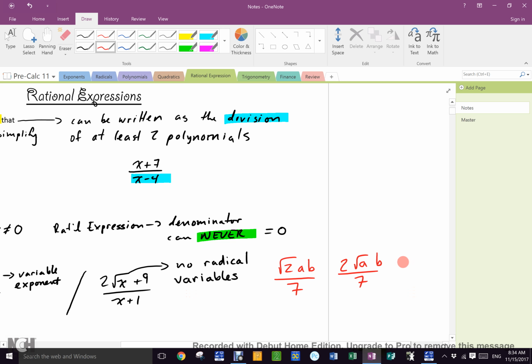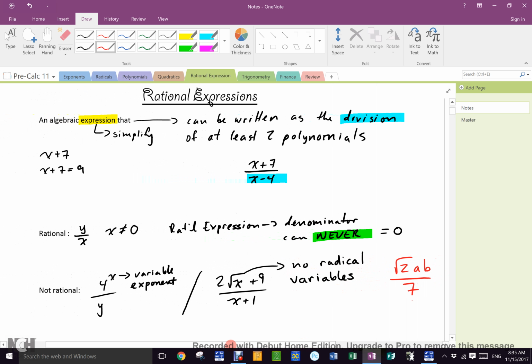Then I'm going to change it to this. Is that one rational? Why? Because 4 has a square root. Everybody cool? So you didn't have to write it down. You just have to be aware of it. Everybody good?